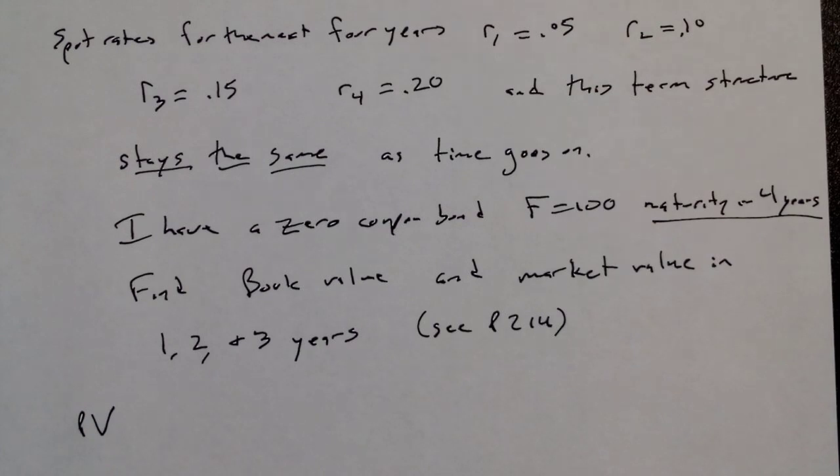How much is this worth right now? Again, that's the face value. That's what it will be worth in 4 years. So this will give you $100 4 years from now. What do you pay for it today?